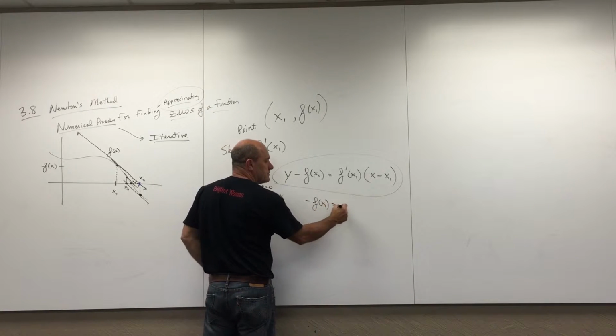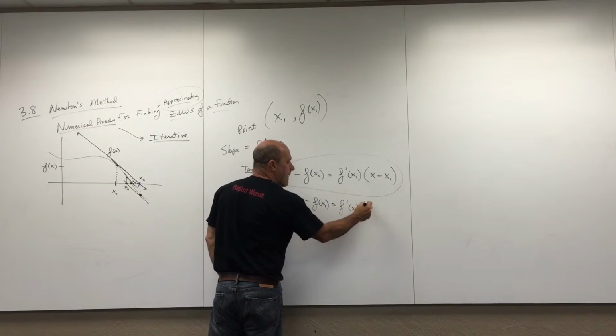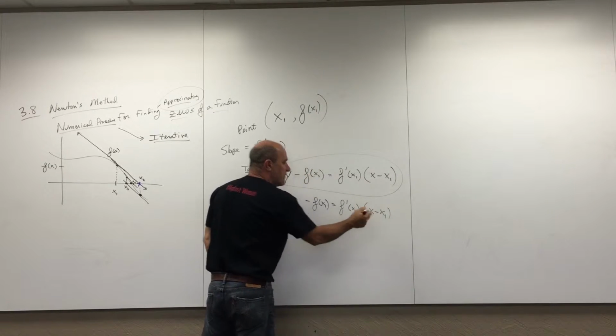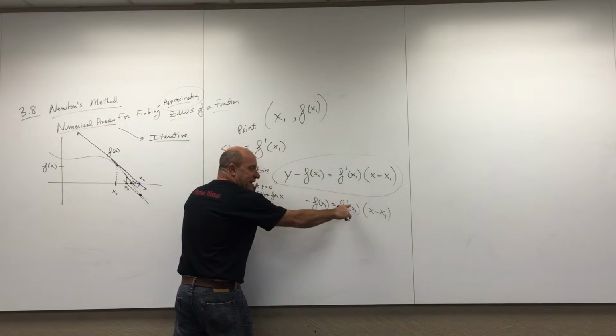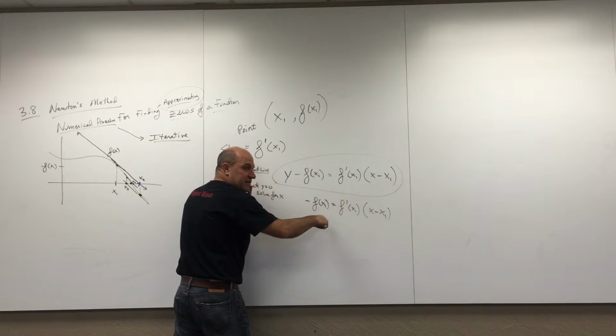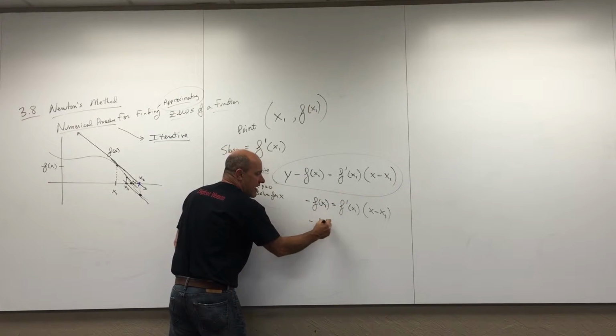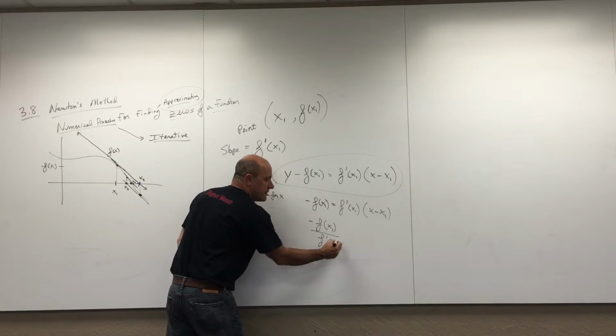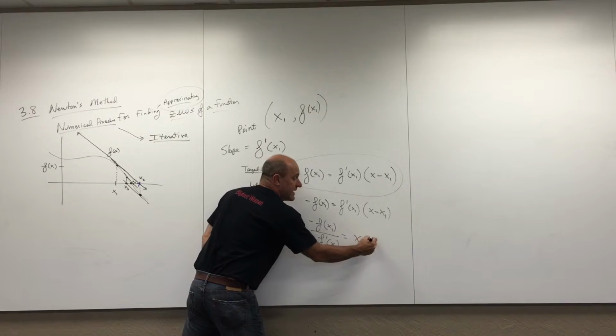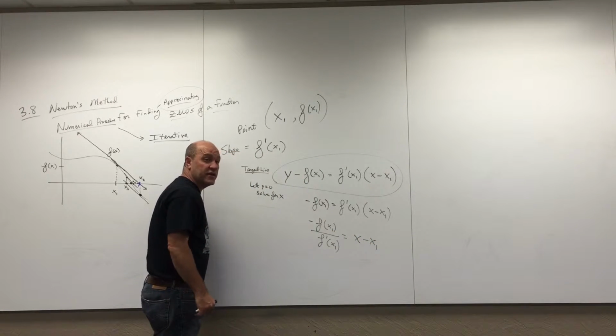I want to solve for x. I think I'll divide by this derivative. I'll get negative f of x1 over f prime of x1 equals x minus x1. I'm trying to solve for x, you guys.